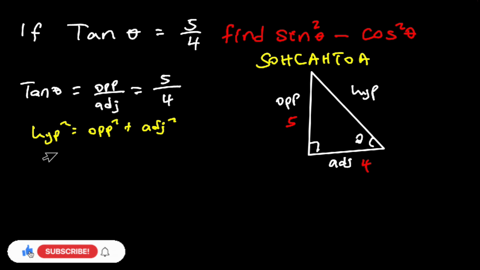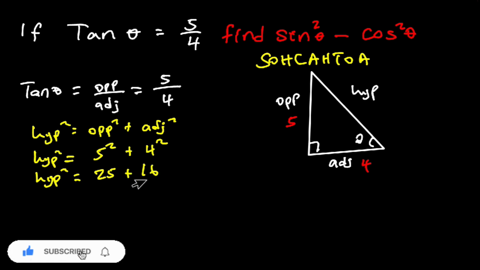Now we are looking for hypotenuse. So we have that hypotenuse square is equal to opposite, which is 5 square, plus adjacent, which is 4 square. We have that hypotenuse square is equal to 5 square, which is 25, plus 4 square, which is 16.